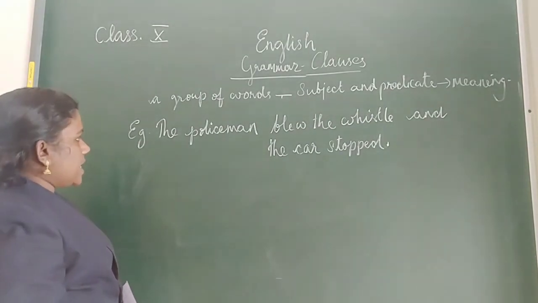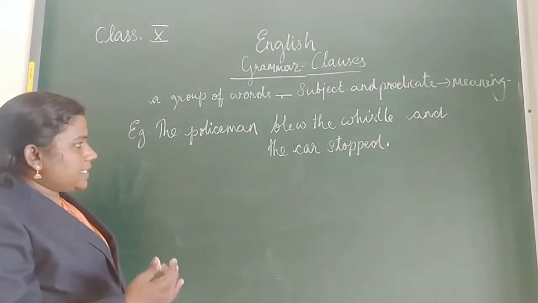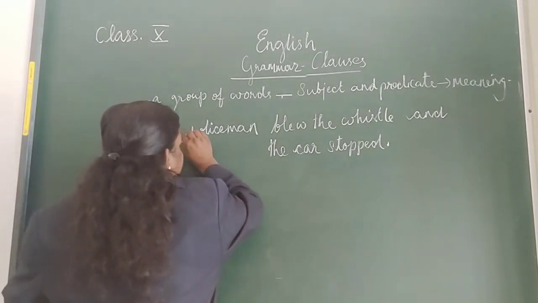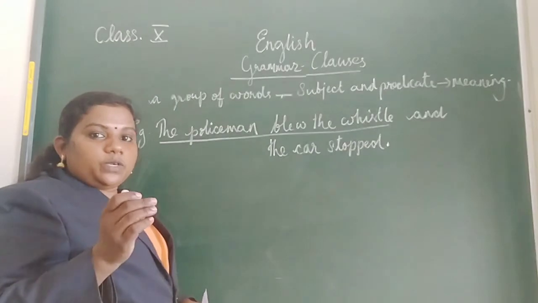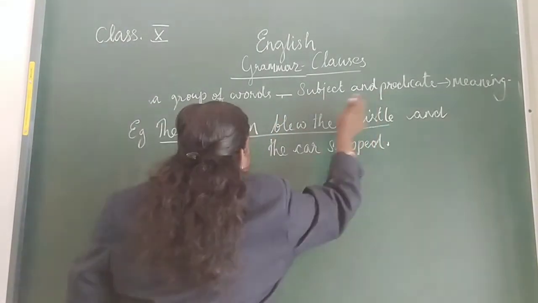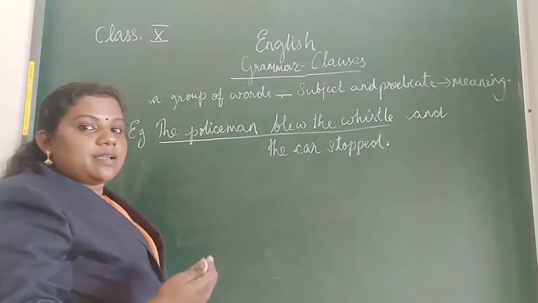In this sentence, only one sentence, here you can see two clauses. Which one is the first clause? The policeman blew the whistle. What did I tell you? A clause has a subject and a predicate. Here the policeman is the subject. Who is doing the action? The policeman.